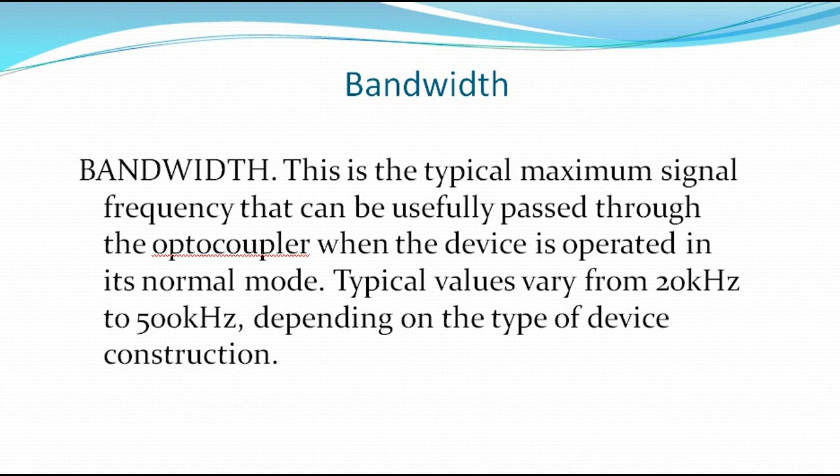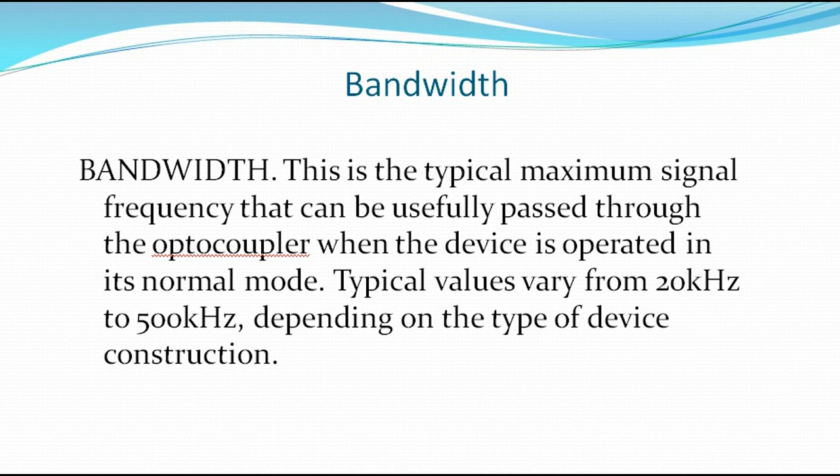Bandwidth. This is the typical maximum signal frequency that can be usefully passed through the optocoupler when the device operates in its normal mode. Typical values vary from 20 kilohertz to 500 kilohertz.